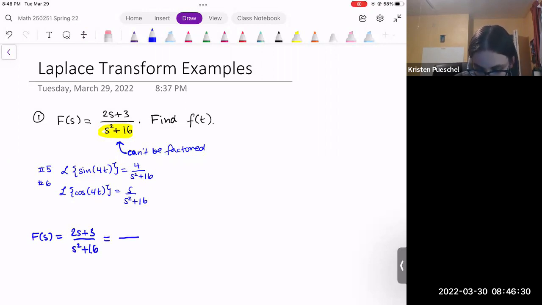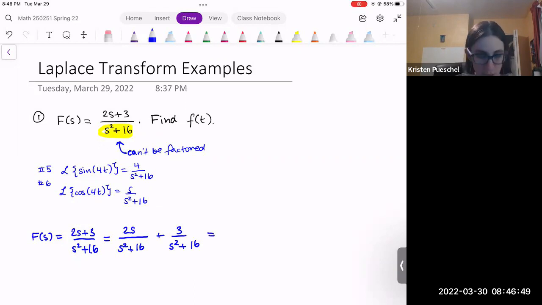We're going to break it up into the part that has s on top and the part that has a constant. So we have 2s/(s² + 16) and 3/(s² + 16).